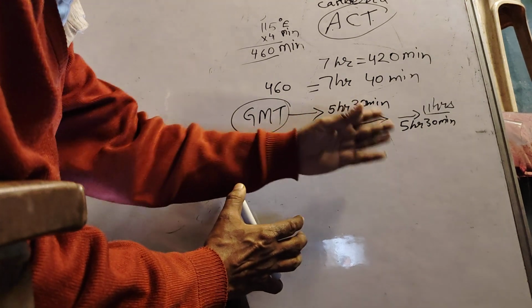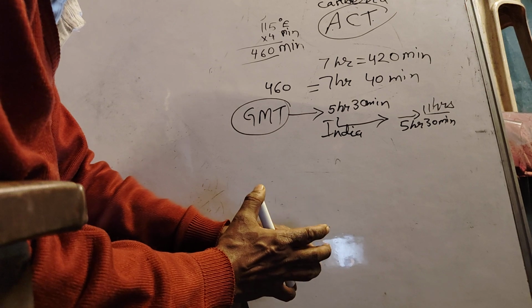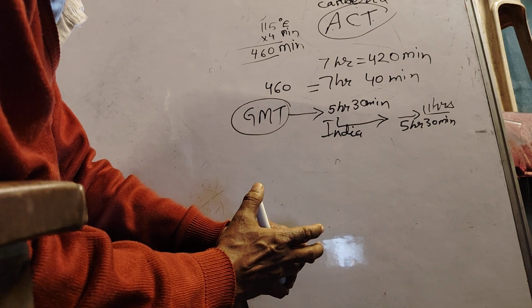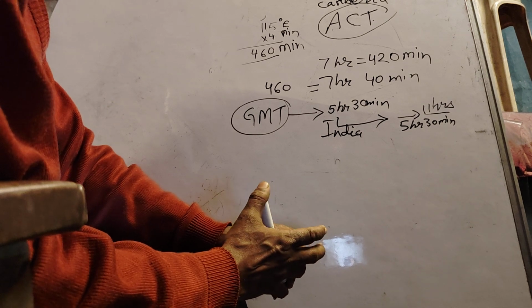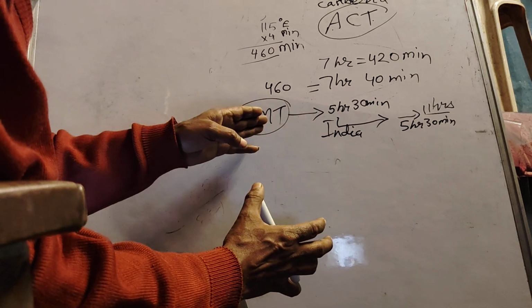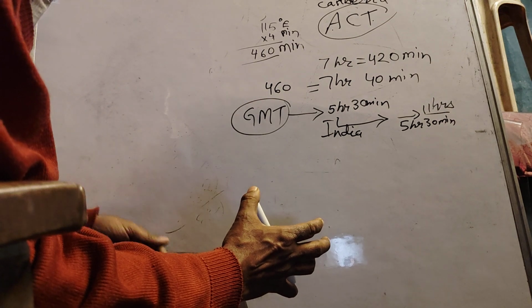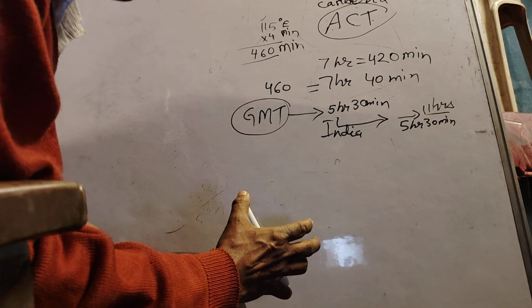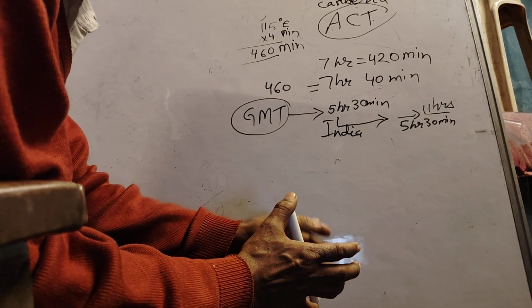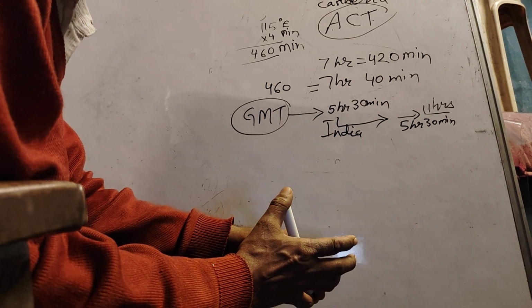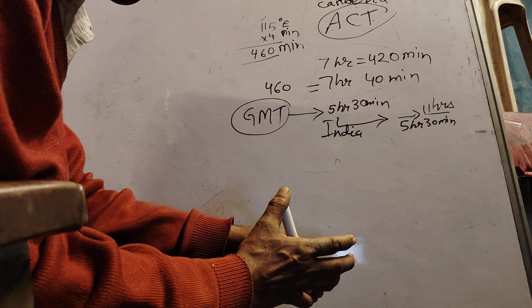So the anti meridian is just near to Australia, 1 hour's difference. On the western side again a timeline is there, again 12 hours. So in USA there is 1 day behind, 24 hours difference.